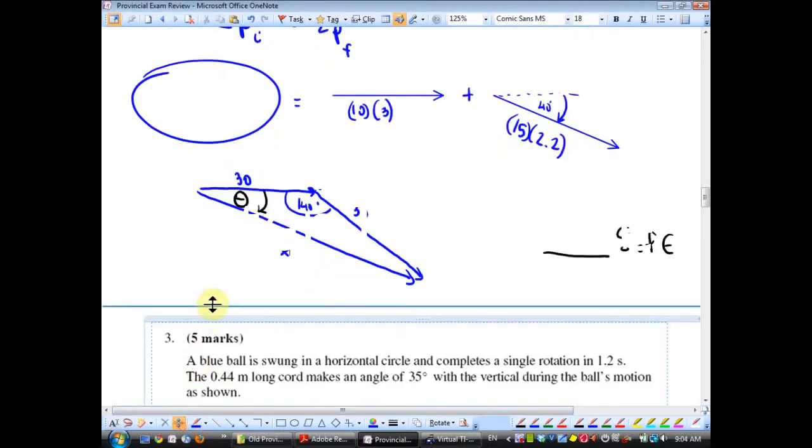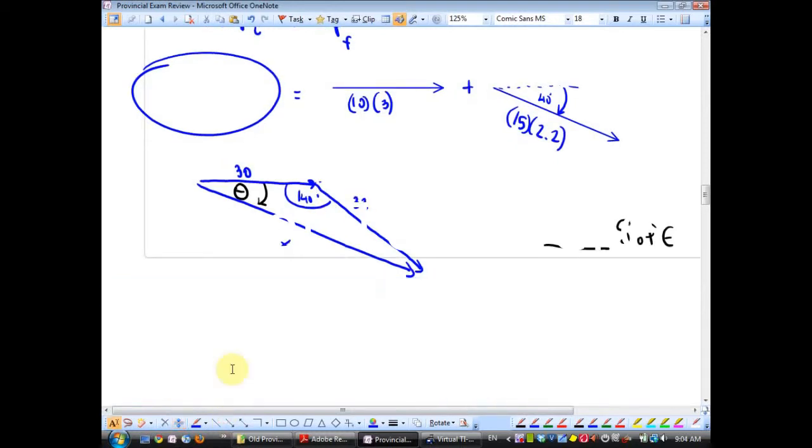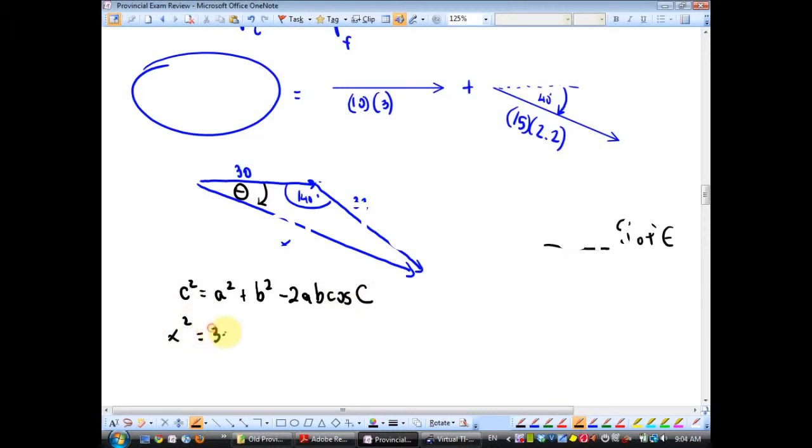Do you remember the cosine law? Can you read it to me, Jesse? X squared equals 30 squared plus 33 squared minus 2 times 30 times 33 cosine of 140.